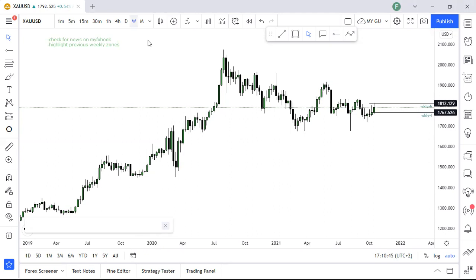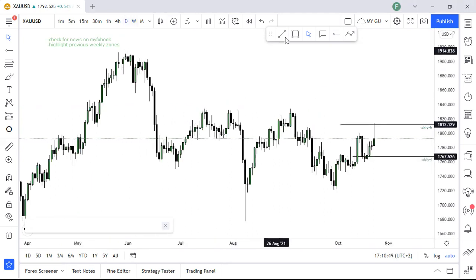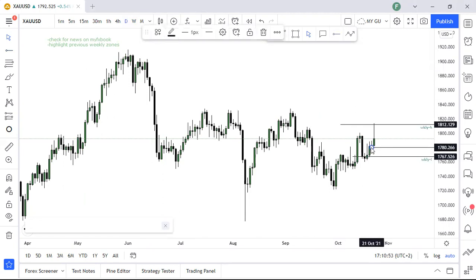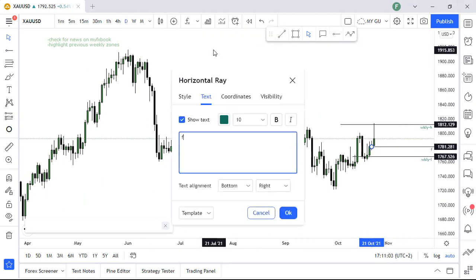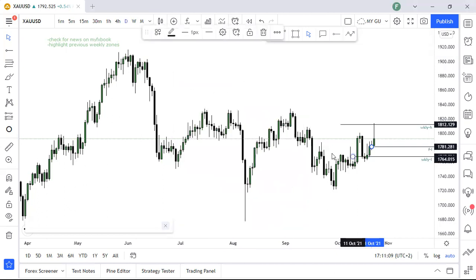Right, the next thing that we do, we go on the daily time frame, and then you want to highlight the Friday daily levels. So let's say Friday low, and this one, I think it's good.